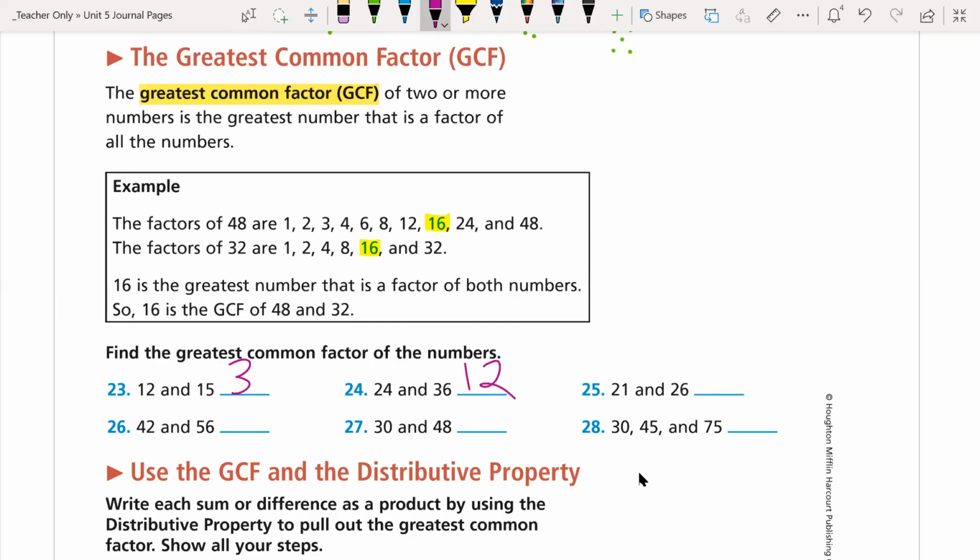For 21 and 26, the greatest one is only 1. 42 and 56 is 14. 27, 30 and 48 is 6. And this one's tricky, 30, 45, and 75. I know it's probably going to end in a 5 because they're all divisible by 5. And I noticed that they are all factors of 15.